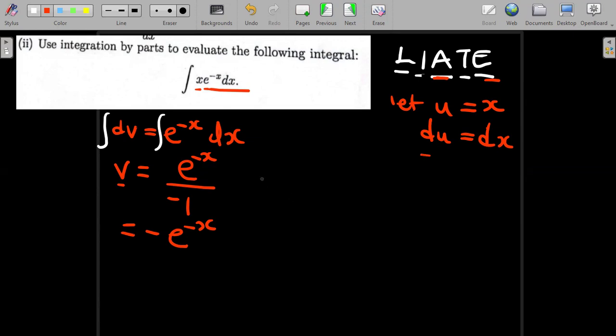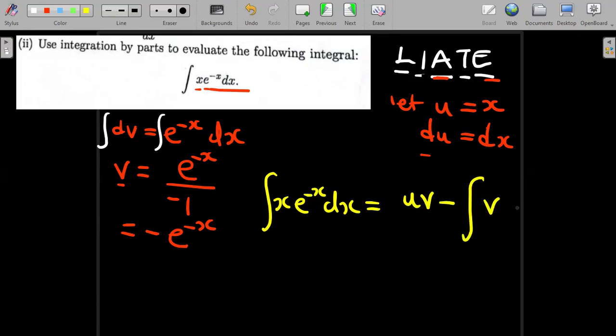And I know by parts, the integral of x e to the negative x dx is just going to be equal to uv minus the integral of v du. So I just replace now, my u is x.